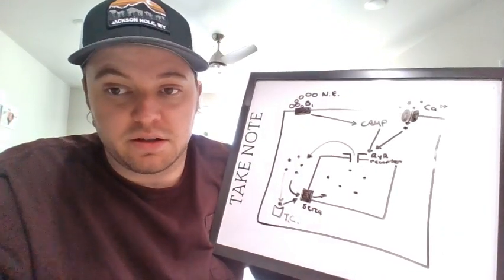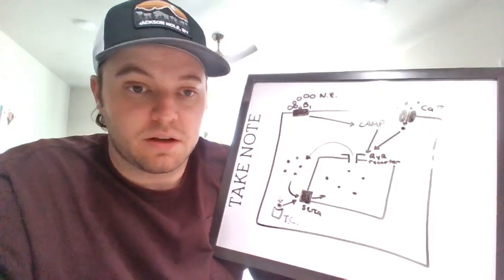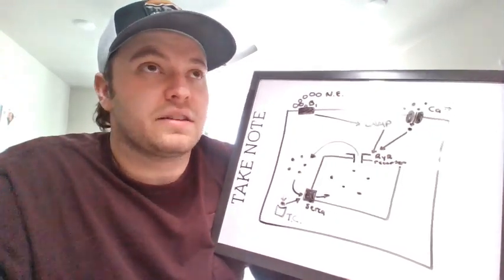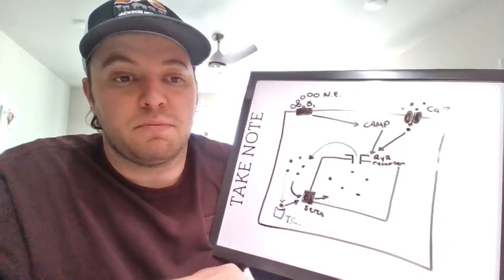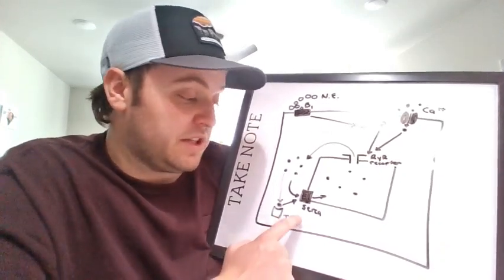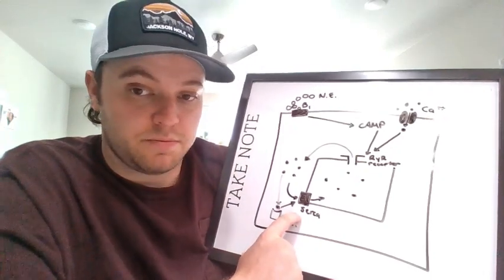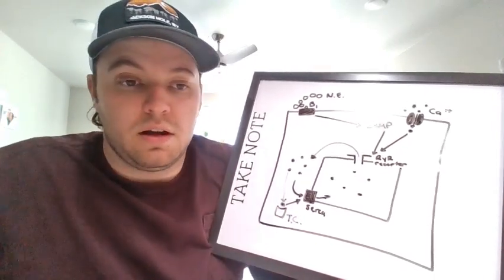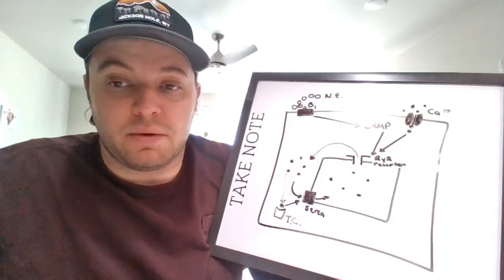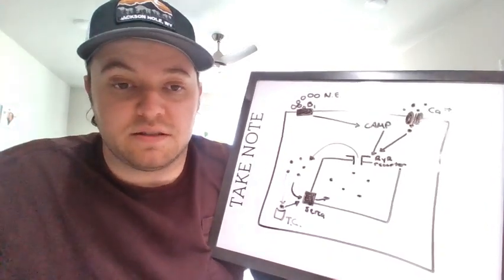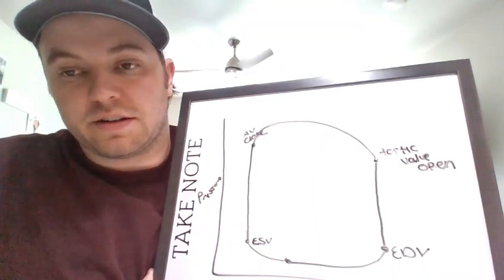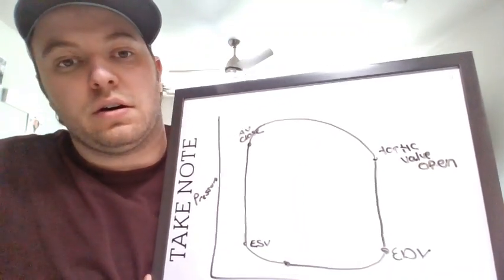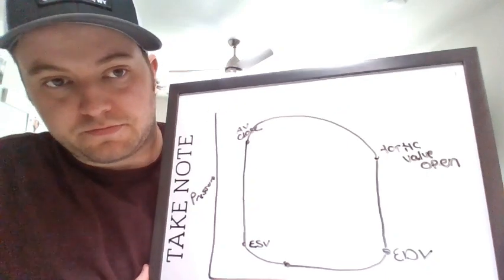Okay, so that's how we trigger contraction. To relax the muscle, calcium is pumped back into the sarcoplasmic reticulum through a SERCA pump. Okay, and then out of the cell by NCX and PMCA.